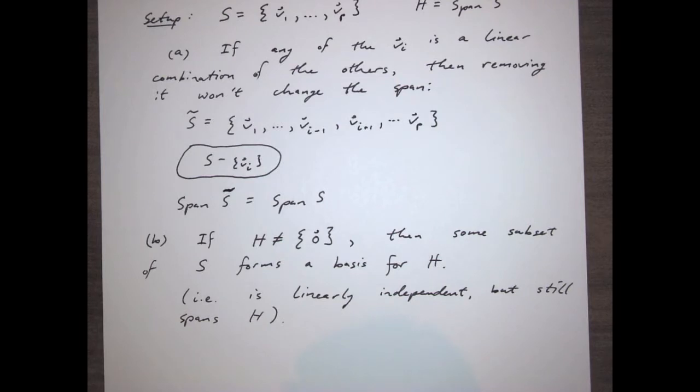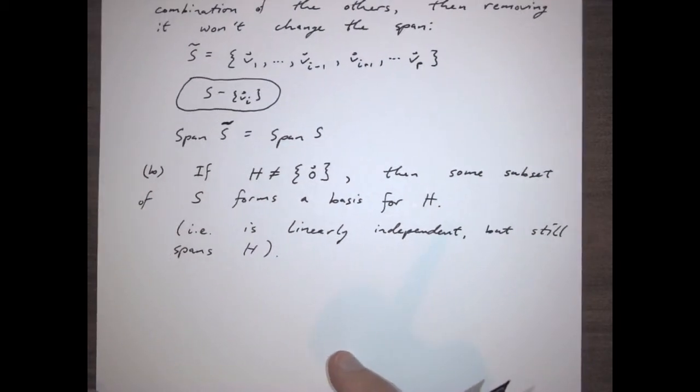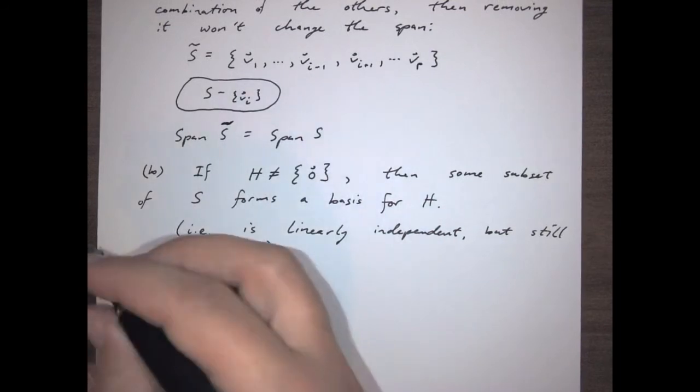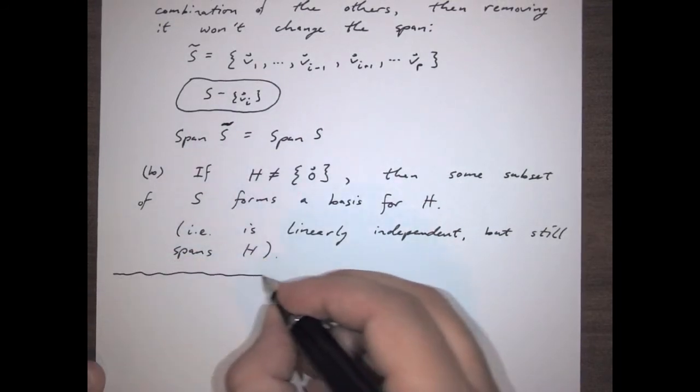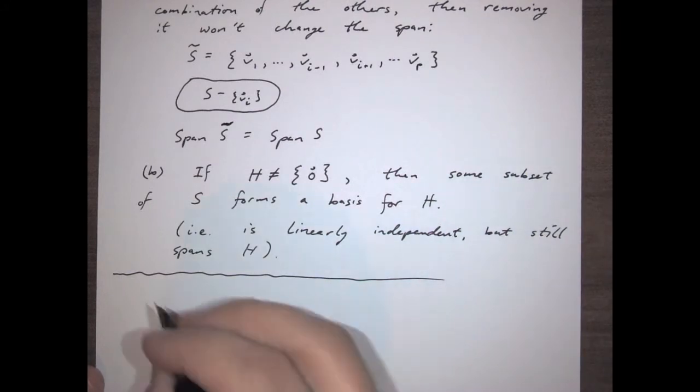And once we have done so, we can reduce it down to a basis. So you can, one by one, remove all linearly dependent elements until you're left with only the linearly independent ones, which nonetheless still span the space.